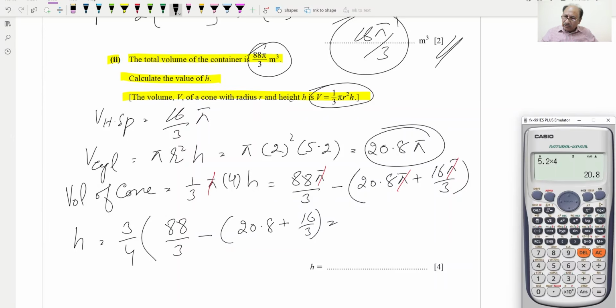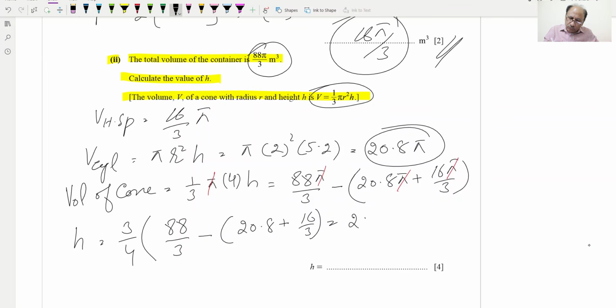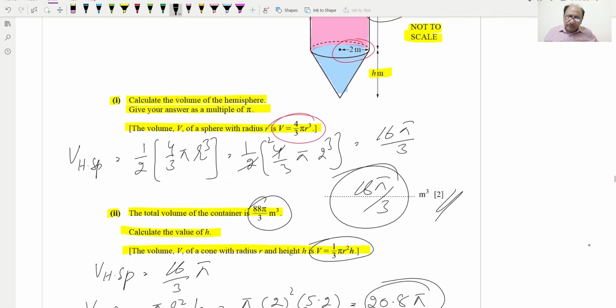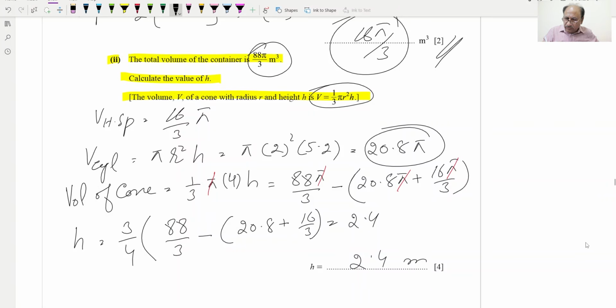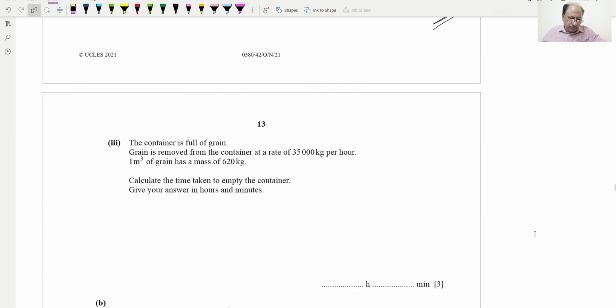I'm keeping it as it is, and we'll use a calculator to simplify. 3 over 4 in brackets, 88 over 3, minus in brackets 20.8 plus 16 over 3, and the bracket closed, and this is equal to 2.4. So 2.4 meters will be our answer for the height, and this is a 4-mark question which we are done with.